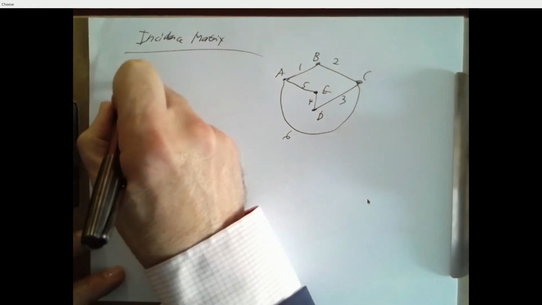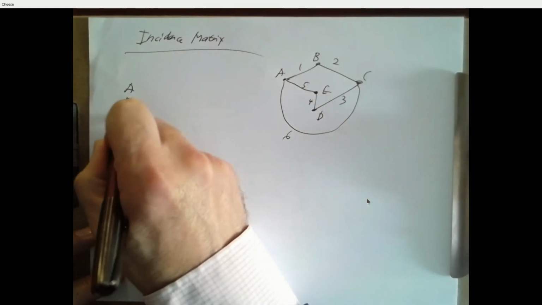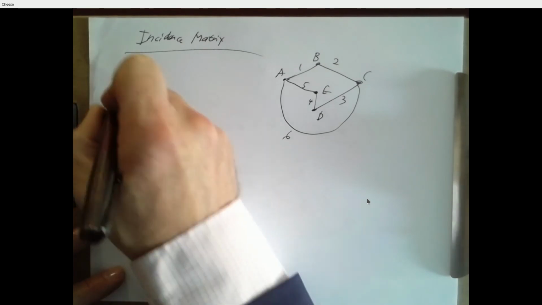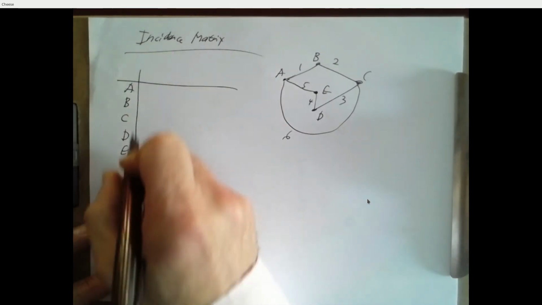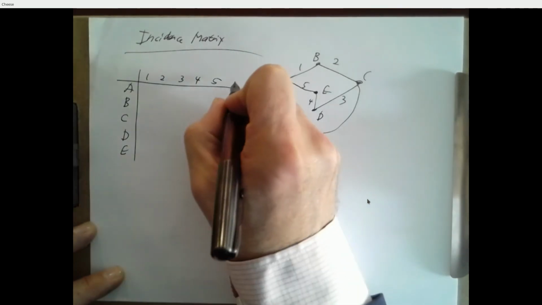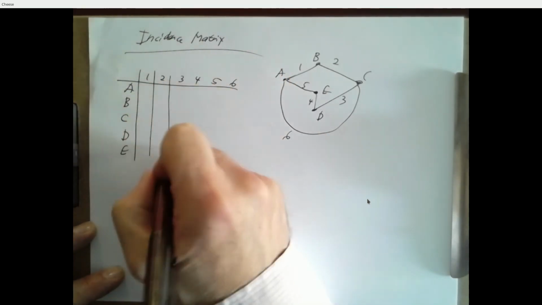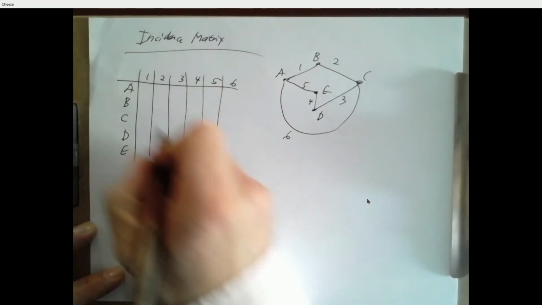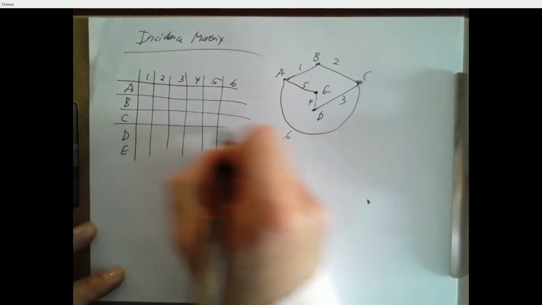So we can store vertices like this, and we'll put edges horizontally. And we basically just list which edges are incident to which vertices.